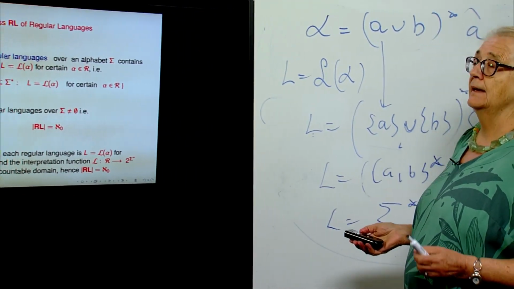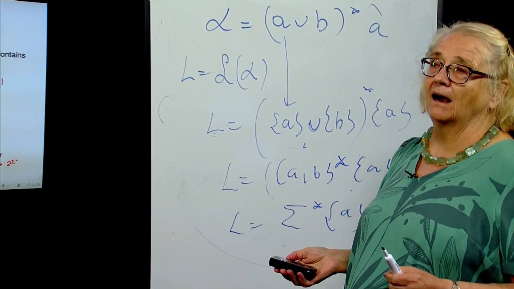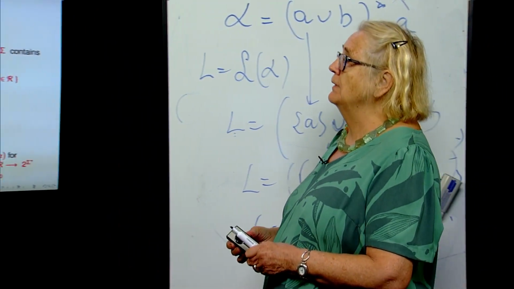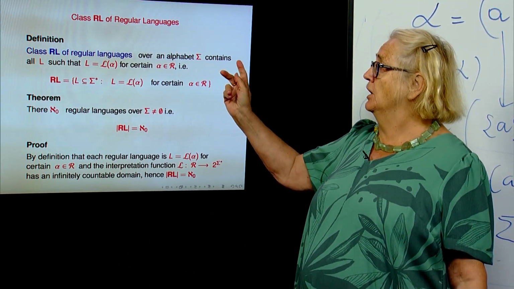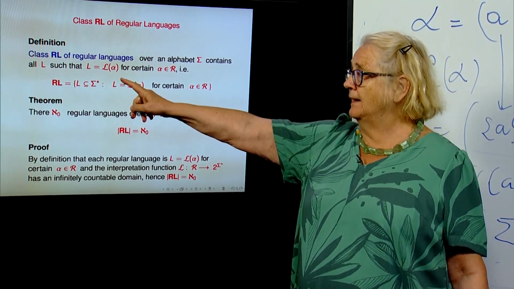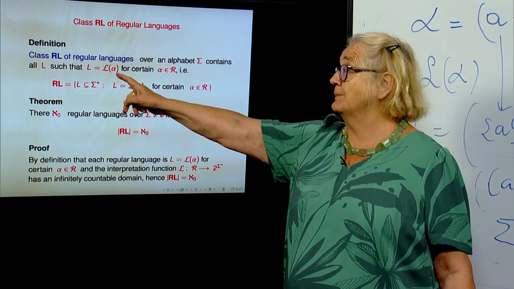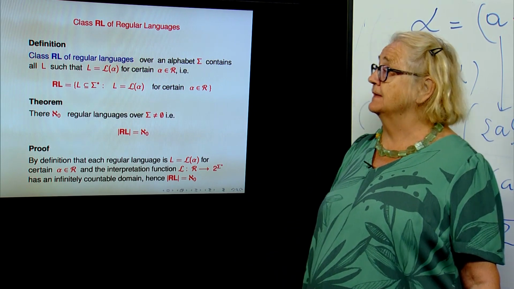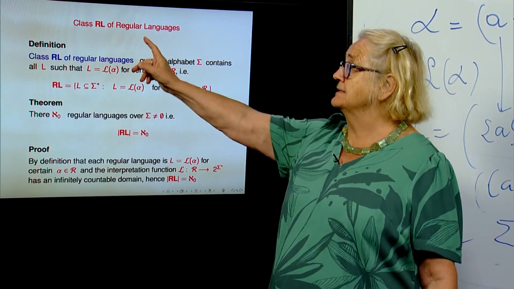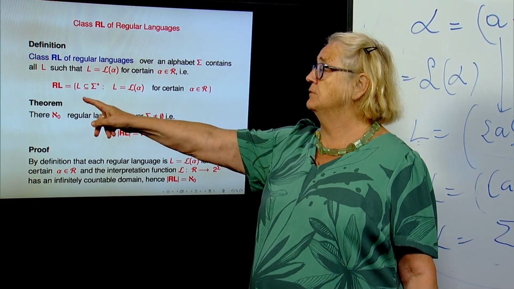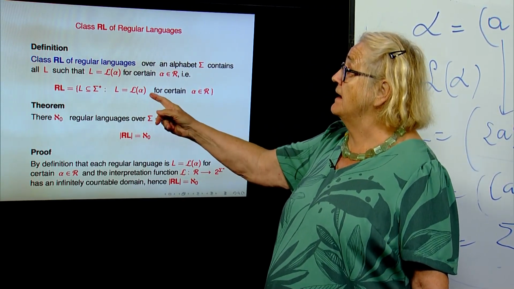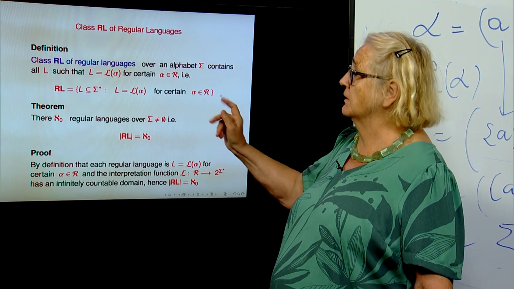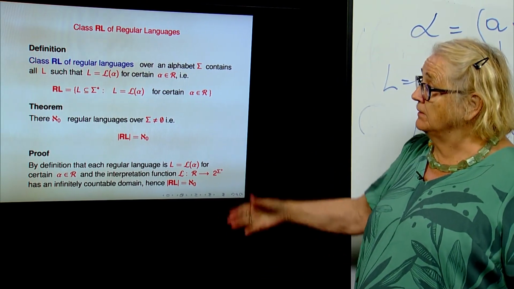So the class RL of regular languages over alphabet sigma contains all L such that L is represented by alpha. So RL is the class of regular languages, all languages over sigma star that are represented by a certain regular expression. And of course, how many do we have?